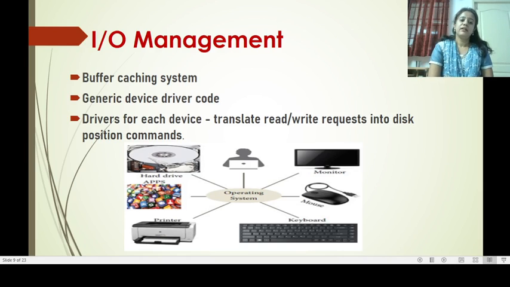The operating system acts as a resource allocator to the running program, and it also manages buffers and device drivers, and handles read or write requests by providing commands. This input output management is done by proper resource allocation mechanisms or algorithms.